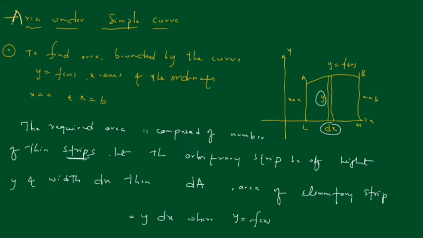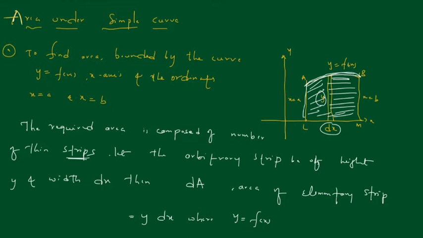So what we are finding here is the area under the simple curve. It is our curve, right? Under the region, this much region. You have to find the area of this region. It is under the curve.